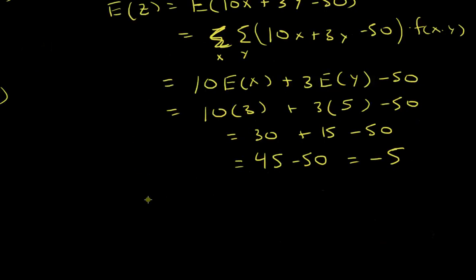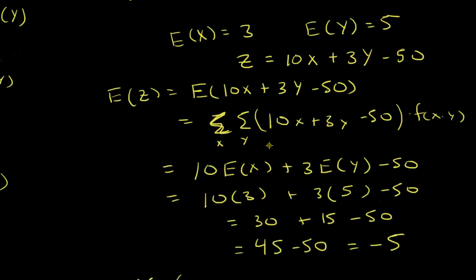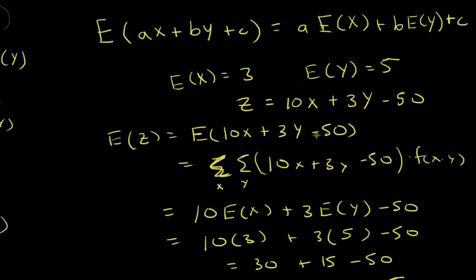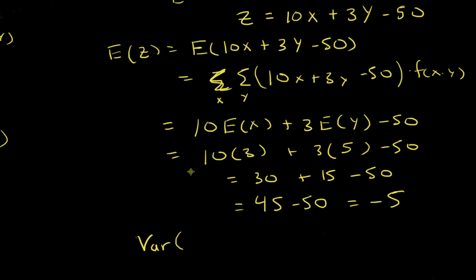Okay, so now moving on to if you were asked to find, say, the variance of z, or the variance of some sort of linear combination of x and y, how would you find that? You need to know the rules for finding variance. Say the variance of a times x plus c. If it doesn't involve y, so just one variable, this is a squared times the variance of x.